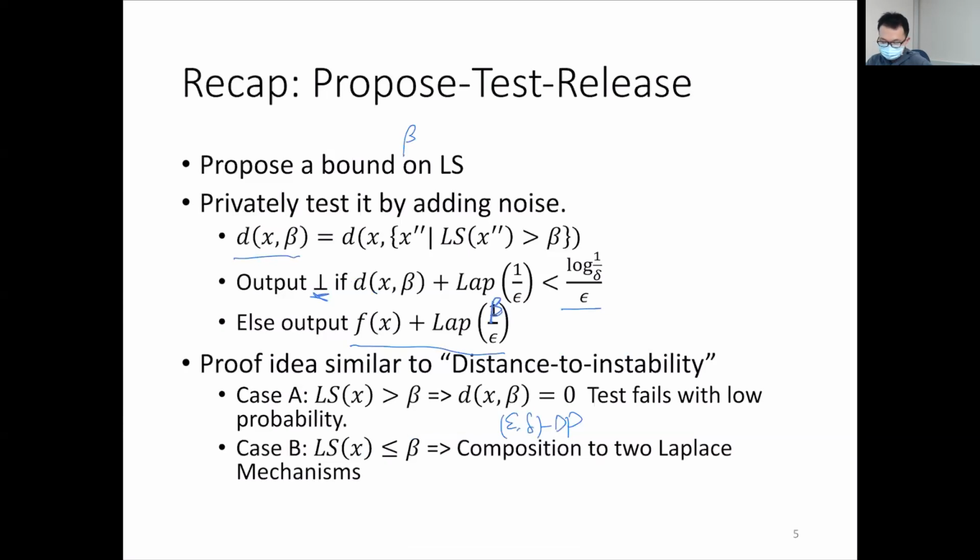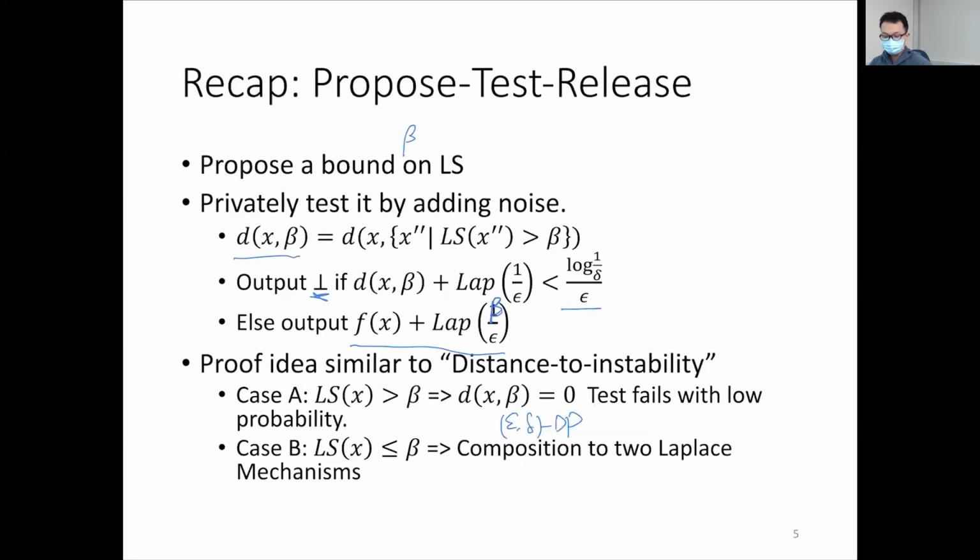On case B, this is the case when the local sensitivity is actually small. Therefore, when the local sensitivity is smaller than beta, and our differentially privately released test is valid, then this is a composition of a two-step decision rule.